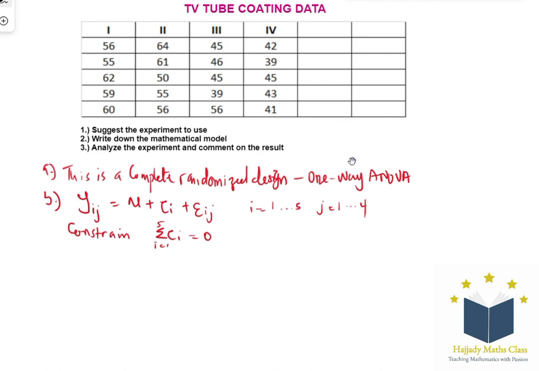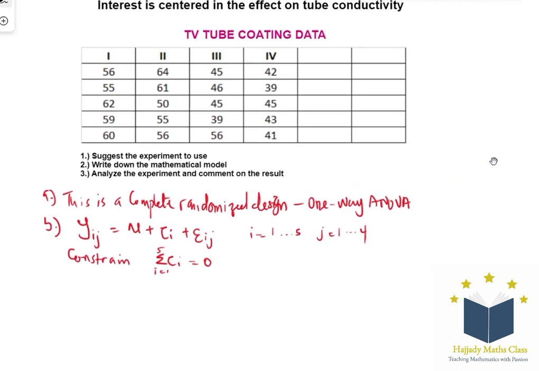So this is the analysis of the experiment. For one-way ANOVA, the first thing you need to calculate is the sum of squares total, known as SST, which is the double sum of Yij squared minus y dot dot squared over capital N. Here, y dot dot squared over capital N is known as the correction factor.